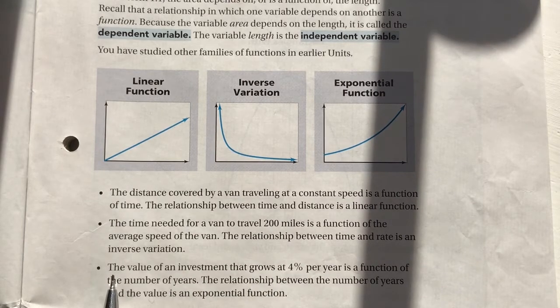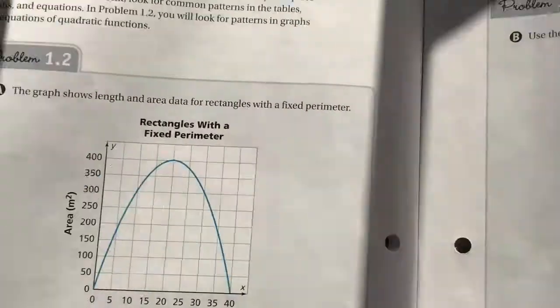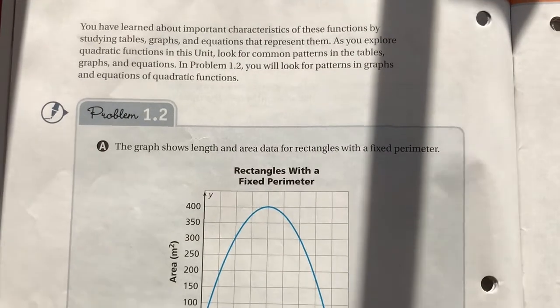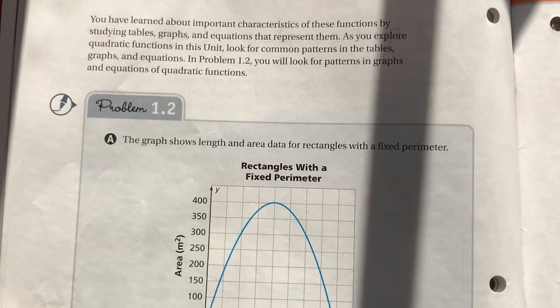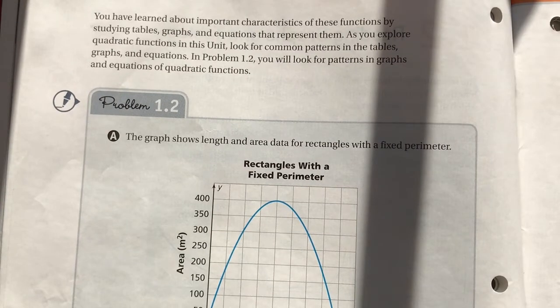And an exponential function is going to be something that grows at a specific percent per year, or decays at a certain percent per year. So for today, we're going to learn about the different characteristics of the graphs, functions, and equations inside those other functions. We're going to do the same thing inside these quadratic functions today.